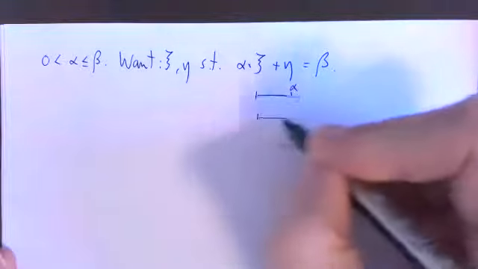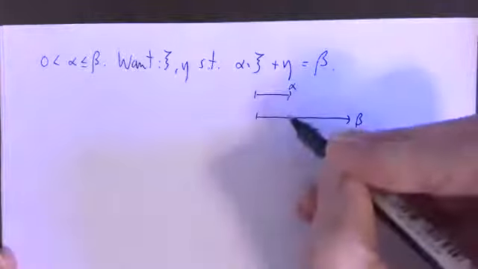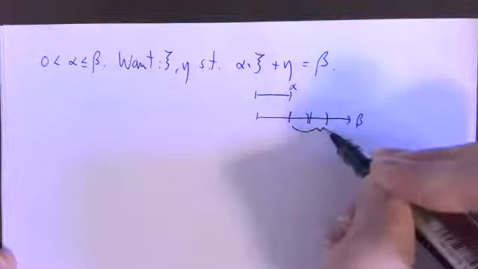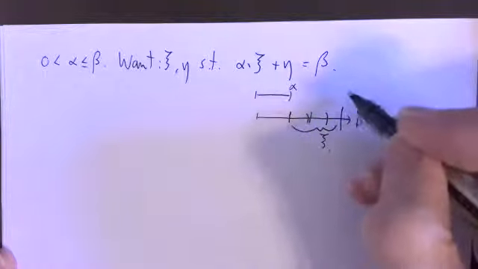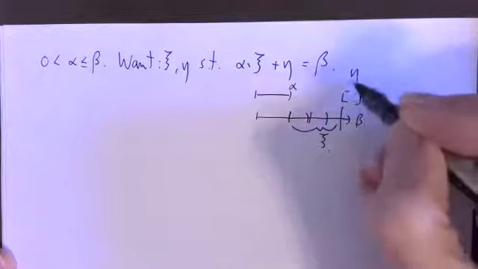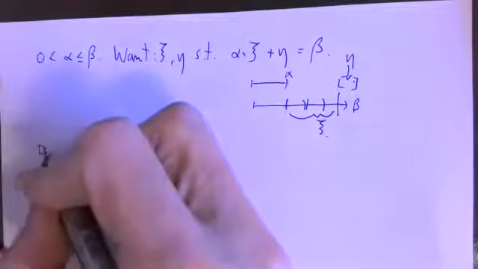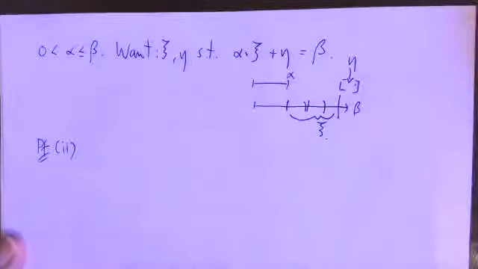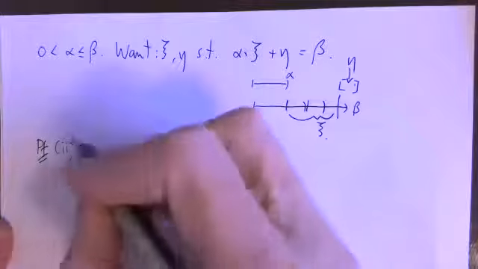So here's alpha, here's beta, and I'm going to have to keep putting in multiples of alpha in here. So they're going to be psi of these. But of course, it may not go exactly. There's going to perhaps be some leftover eta. So that's a picture. So again, we now use the fact that multiplication is increasing.